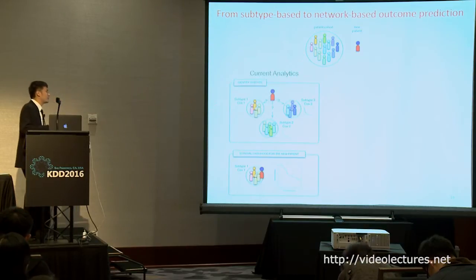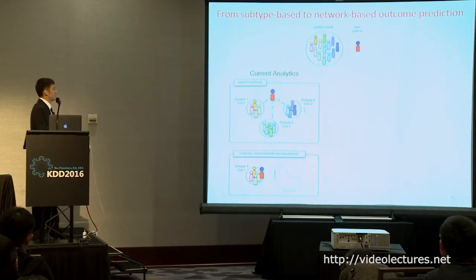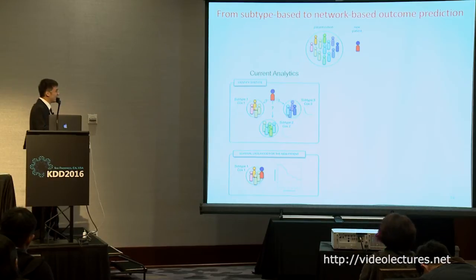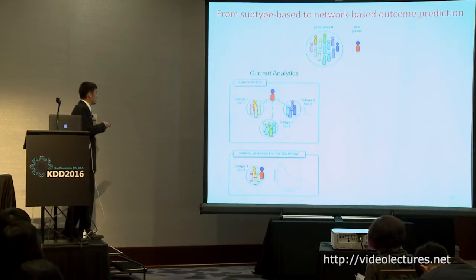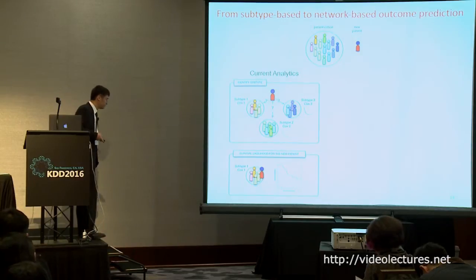In the subtype-based analytics, it is usually just like grouping, and we can use a classifier to make the decision whether the patient belongs to subtype 1, subtype 2 or subtype 3. For each patient group, they have some survival curve, like 1, 2, 3.